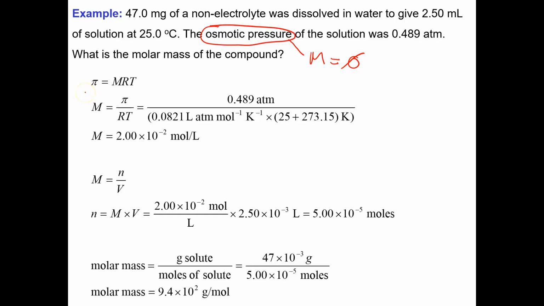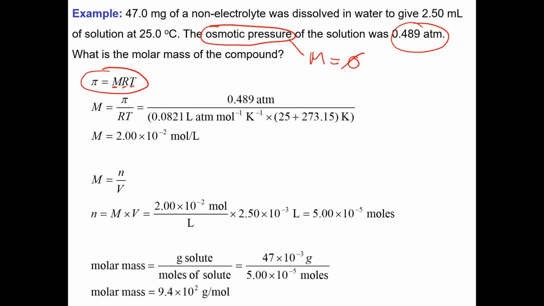So under those situations, the osmotic pressure is equal to the molarity of our solution multiplied by the ideal gas constant multiplied by the temperature in Kelvin. We know the osmotic pressure, 0.489 atm.